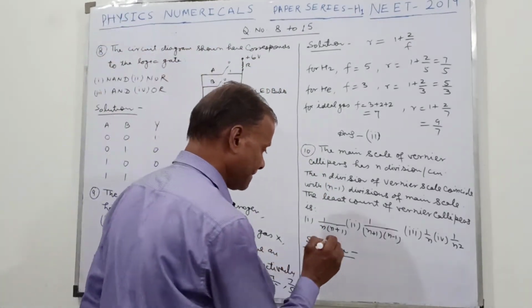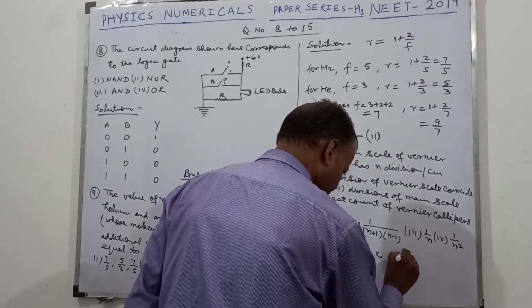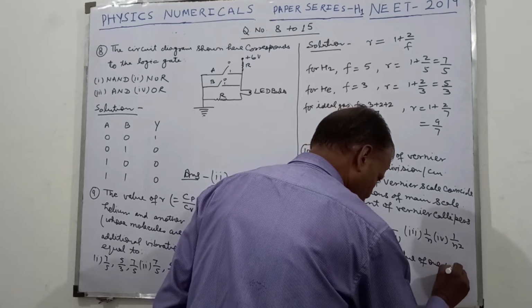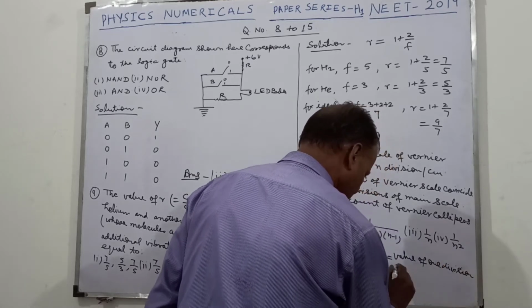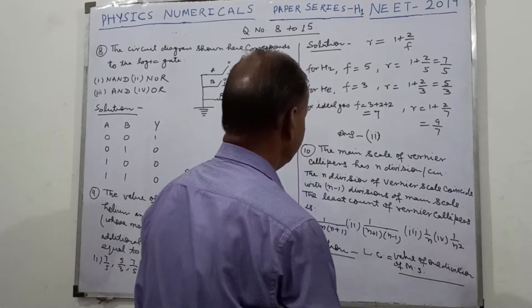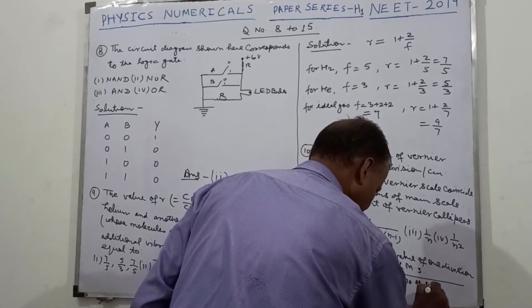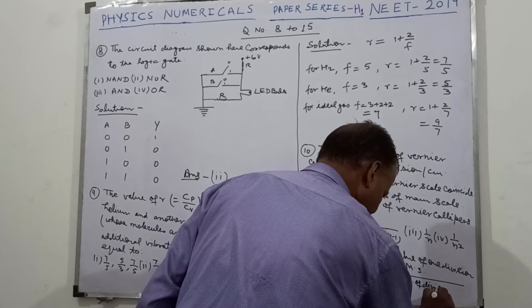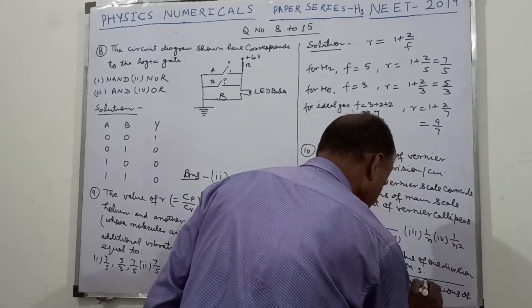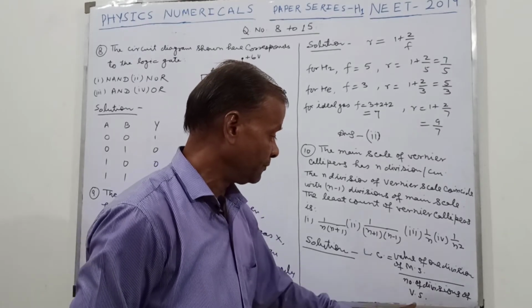First, you see, least count is equal to the value of one division of main scale upon the number of divisions of the vernier scale. This is the formula.